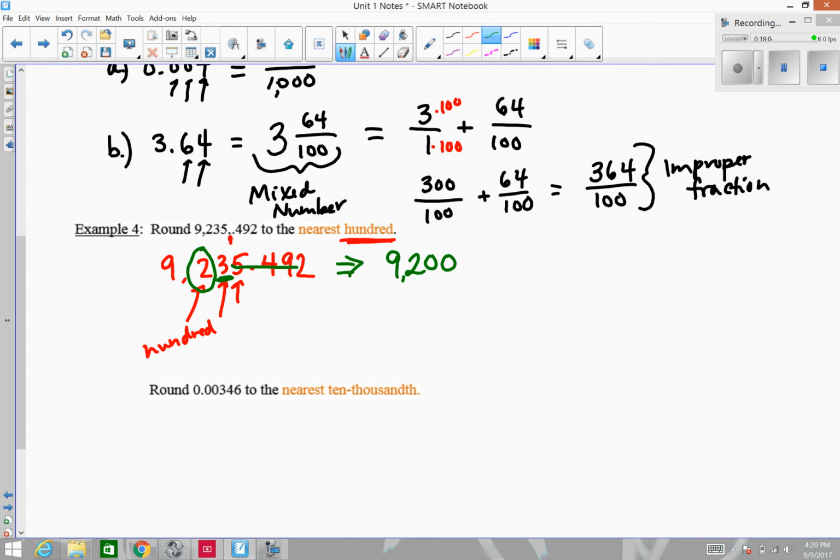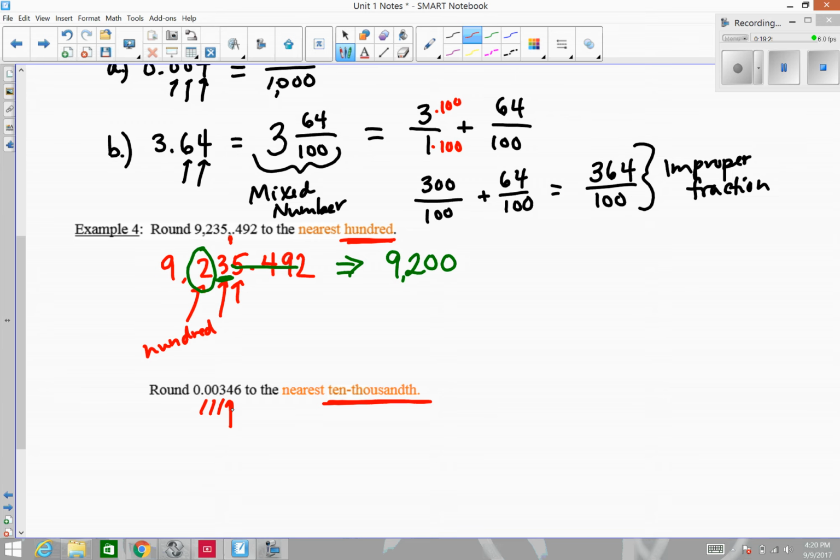Let's look at this next one. We are going to round 0.0346 to the nearest ten thousandth. This value is to the right of our decimal place. I want to find the ten thousandths place. So if I'm counting over tenths, hundredths, thousandths, ten thousandths.